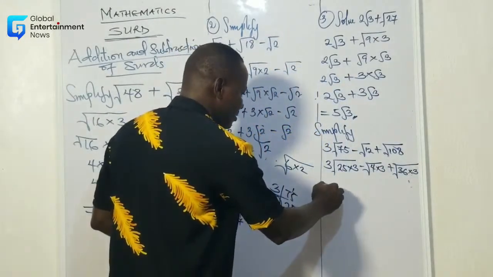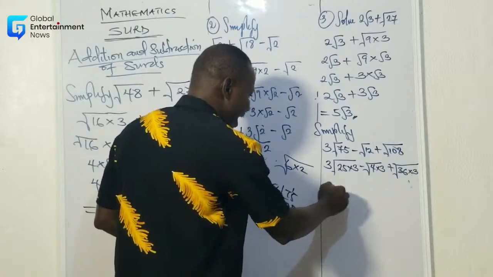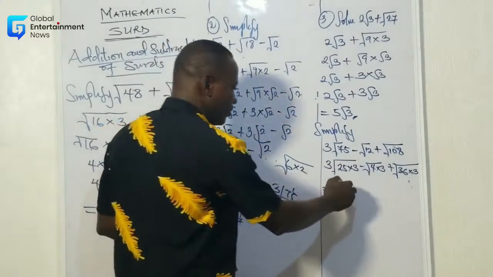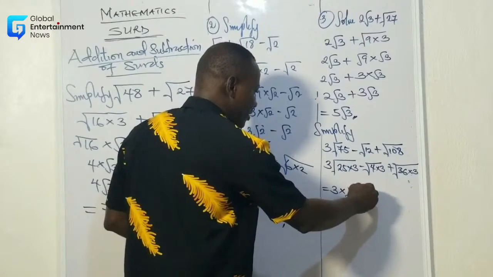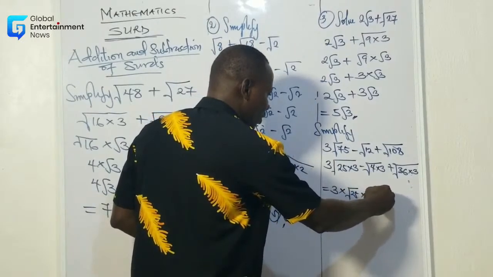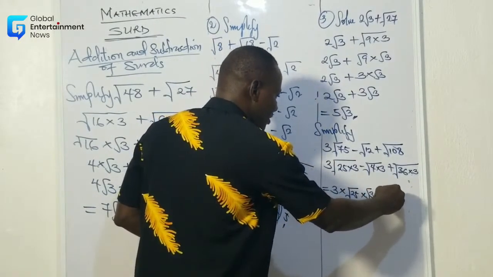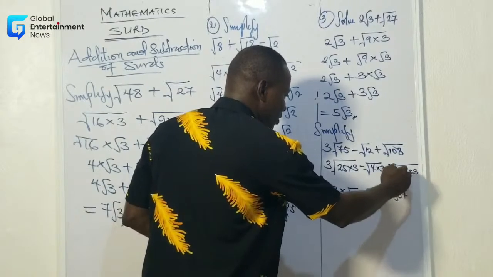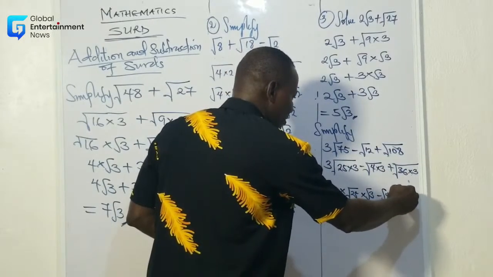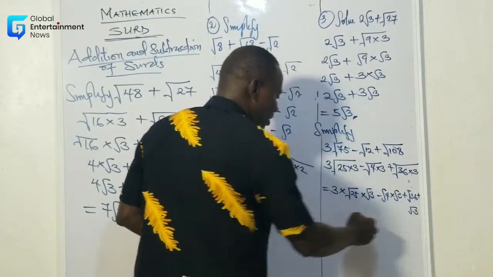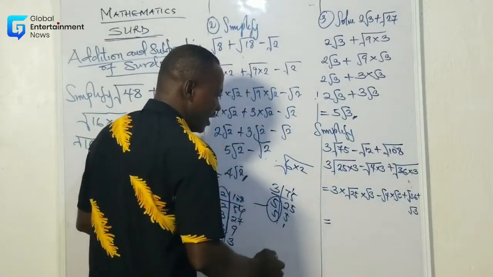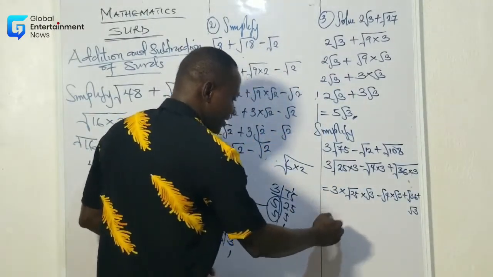So this one is 3 times root 25 times root 3, minus root 4 times root 3, plus root 36 times root 3. Now, finally, we have 3.